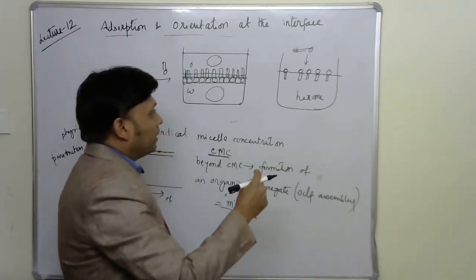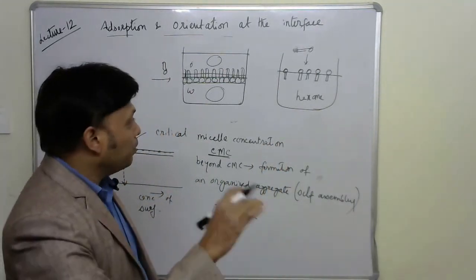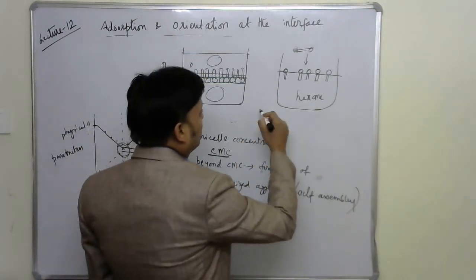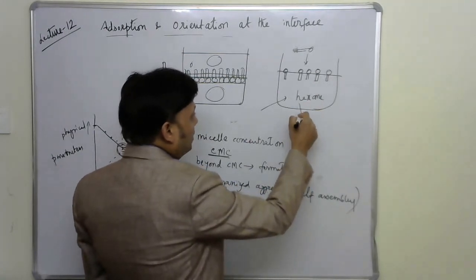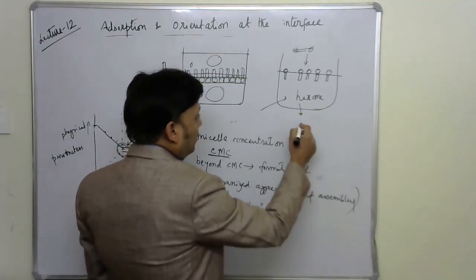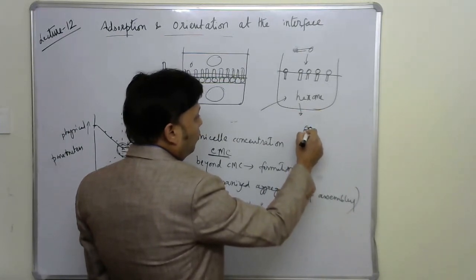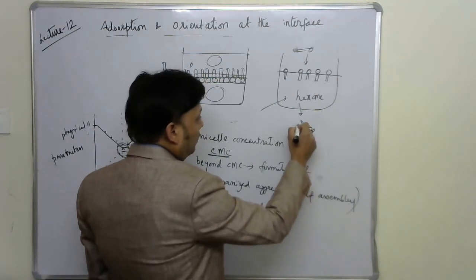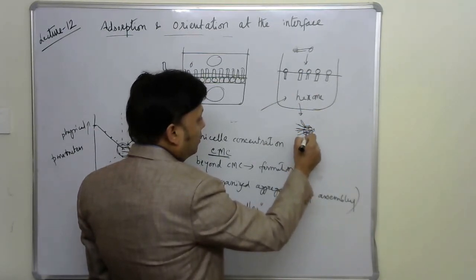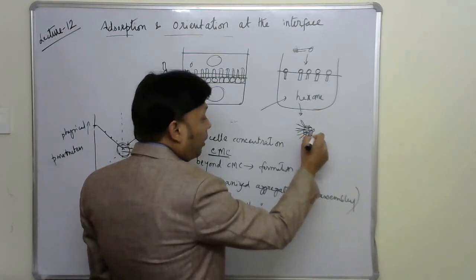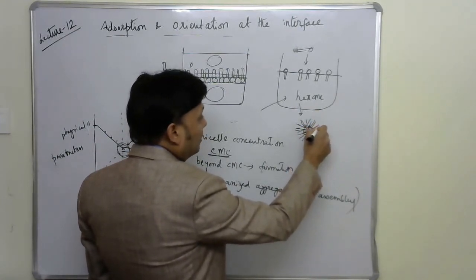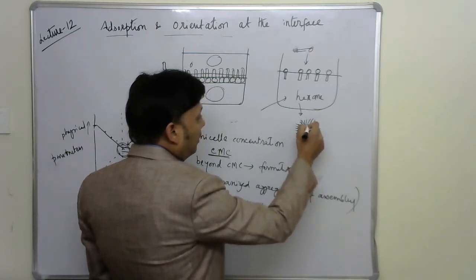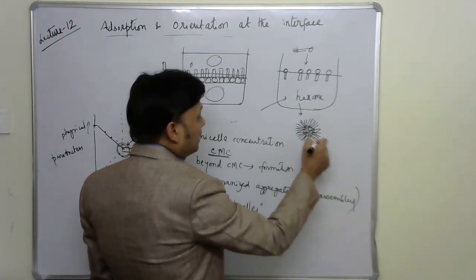After that, when the critical micelle concentration comes, beyond that there will be micelle formation. But this time, since this is the hydrophobic medium, the micelle formation would occur in reverse manner. That means the polar head group would be buried inside the pocket or the core, and the non-polar tail would be interfacing with the medium.